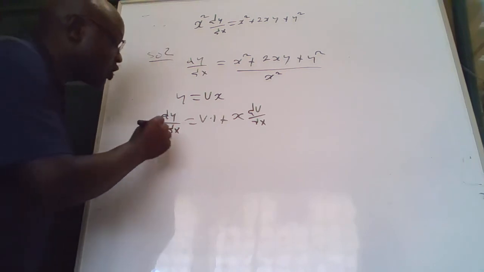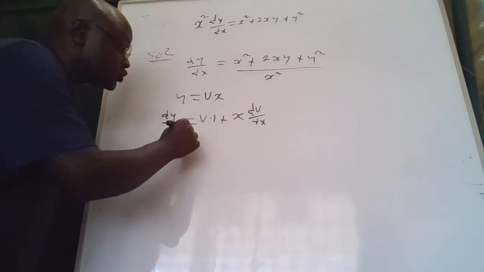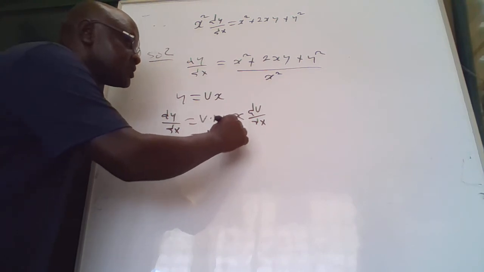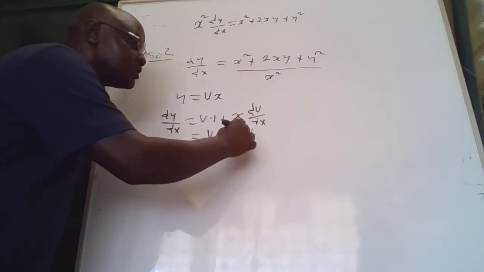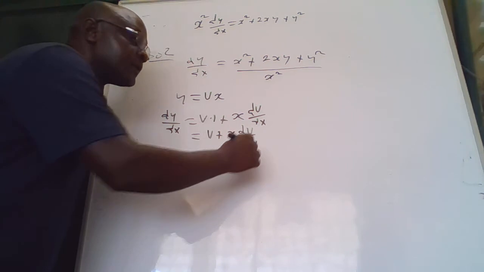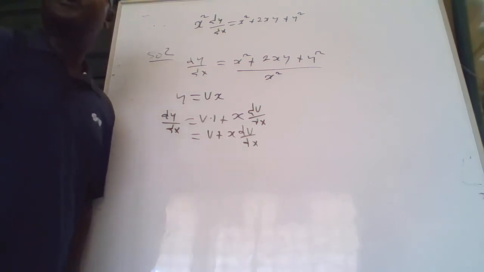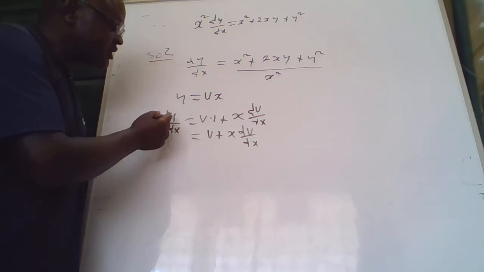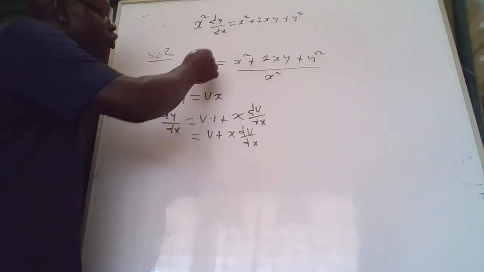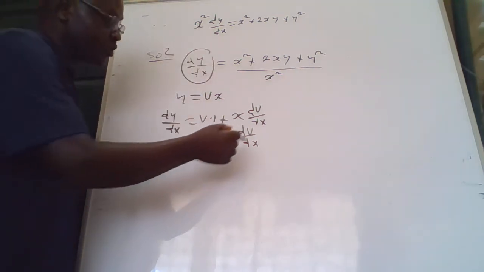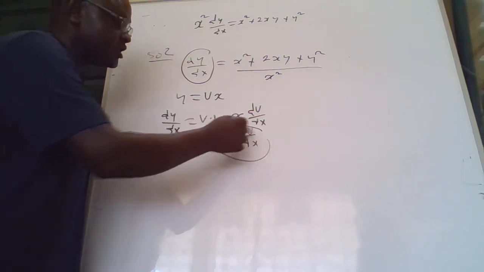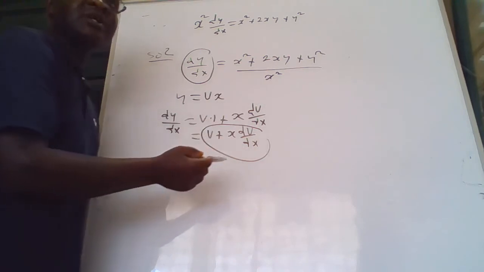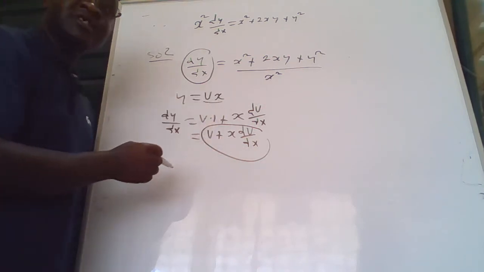It means that now dy dx equals v plus x dv dx. So where there is dy dx, we replace it with v plus x dv dx, and where there is y on this side, we substitute with vx.